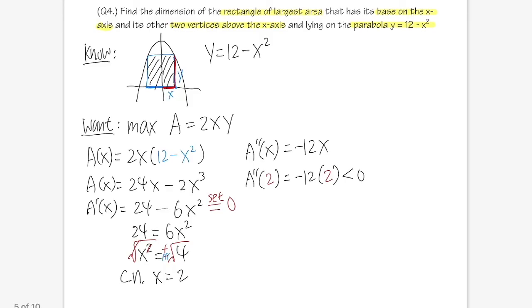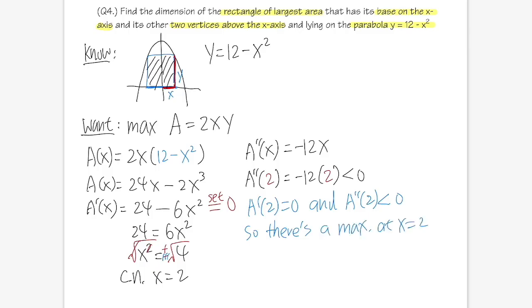Now let's go ahead and justify that. The first derivative at 2 is 0, and the second derivative there is less than 0. Therefore, there is a maximum at x equals 2.